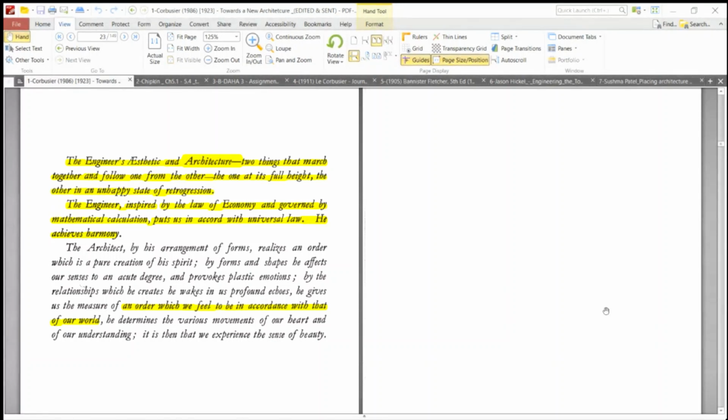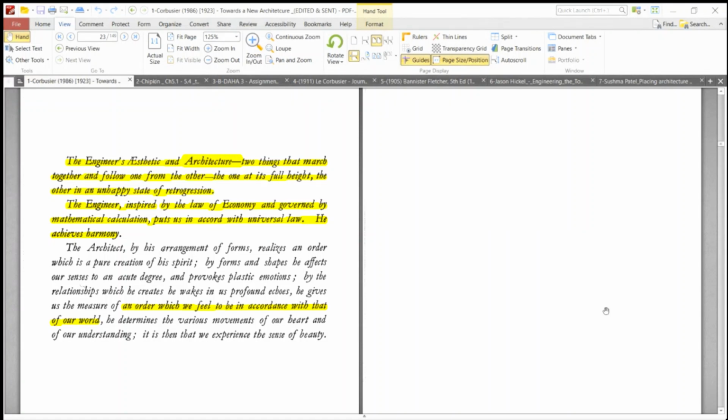The engineer, inspired by the law of economy and governed by mathematical calculation, puts us in accord with universal law. He achieves harmony, right? This is Corbusier's poetics. So he's saying the engineer is in touch with the universal laws of mathematics and science, right?